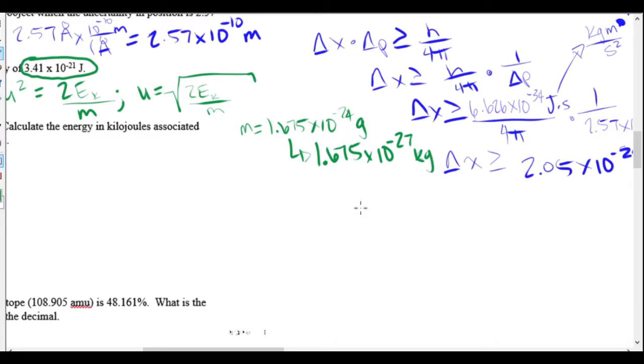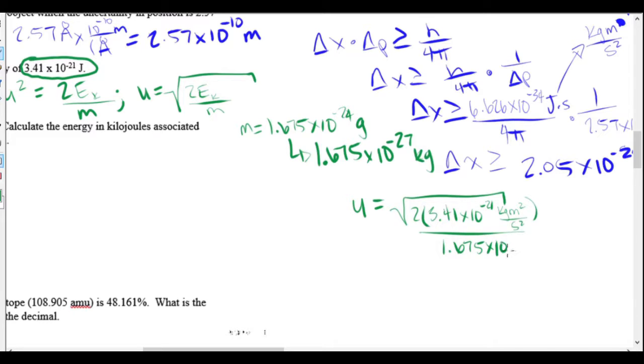Okay, so u is equal to the square root of 2 times 3.41 times 10 to the negative 21. Units are going to be kilogram meters squared over seconds squared, and that's going to be over our mass of 1.675 times 10 to the negative 27 kilograms.